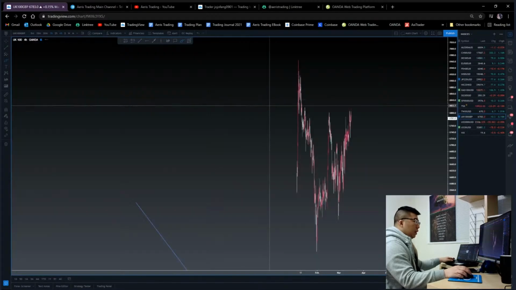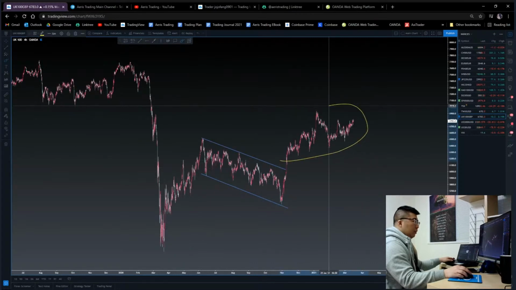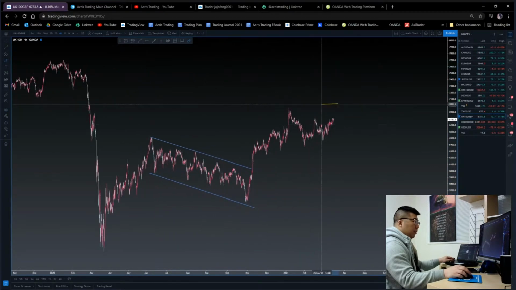UK 100, I was staying out of this for a while because I didn't really like what this part of the price is doing. We did see pretty good clean price action here after this sharp impulse down, impulse up, correction, and then it looks like this is going to go higher. But with all this consolidation, I'm trying to draw structure in, and I really can't. Looks like there was a head and shoulders, but this didn't break down. All this sideways consolidation really isn't something I look for.